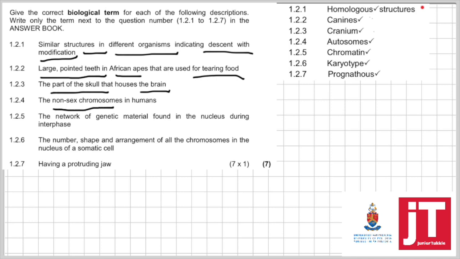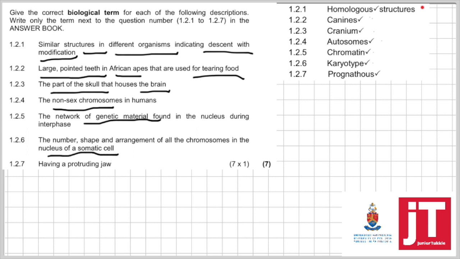Non-sex chromosomes in humans, we know that as autosomes. 1.2.5. The network of genetic material found in the nucleus during interphase, that is, of course, the chromatin network.